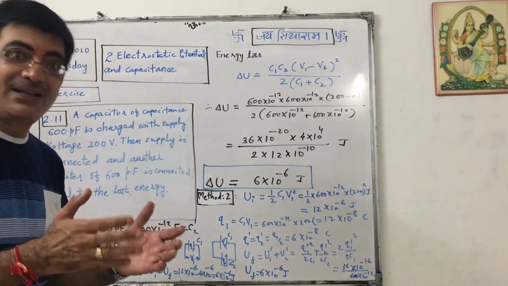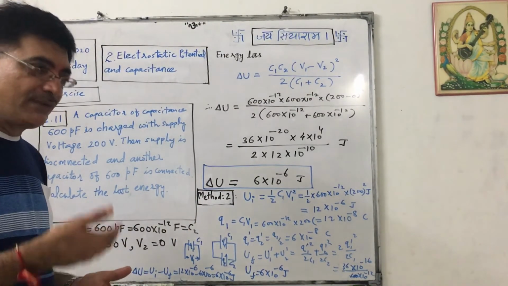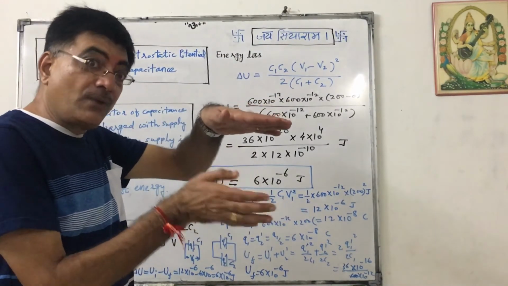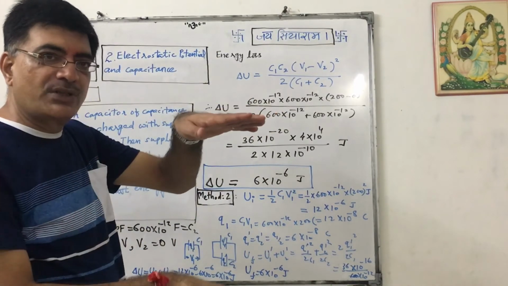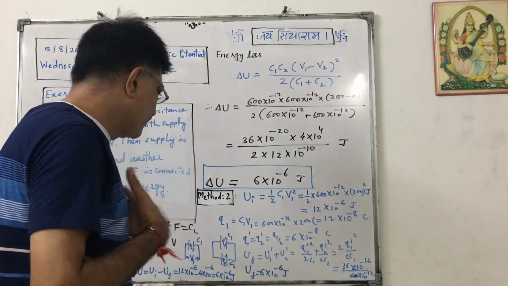That is the initial energy. Now what will happen when we disconnect the supply and connect another capacitor in parallel, of equal value? Half of the charge of the first capacitor will be transferred to the other capacitor. So both will have charge equal to Q1 by 2. We have to find Q1.